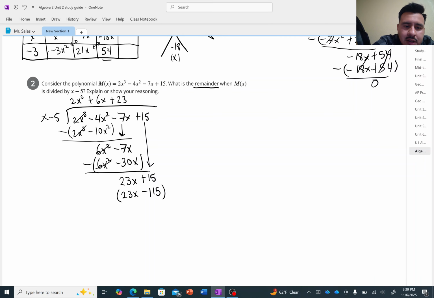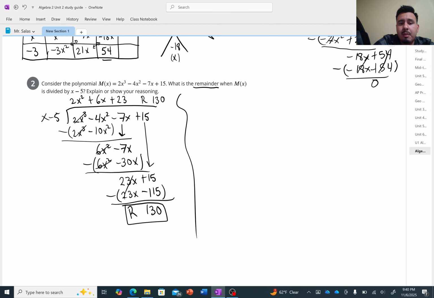I put this in parentheses, subtract. 23x minus 23x gets canceled out. 15 minus negative 115 becomes a positive, so it's going to be 115 plus 15, that gives me a positive 130. They just asked me what is my remainder. My remainder is 130. So that's how you find your remainder with division, right? So you can put your remainder up here. So remainder 130, that's part of your answer.